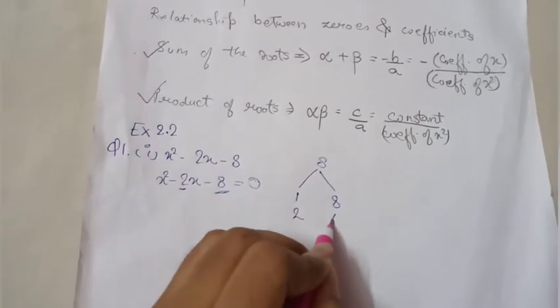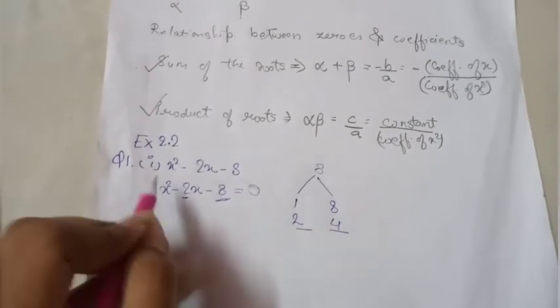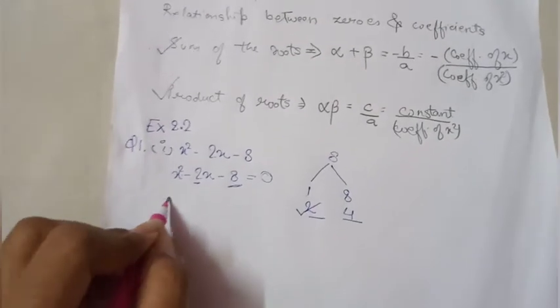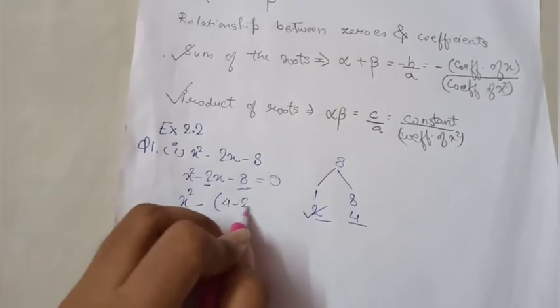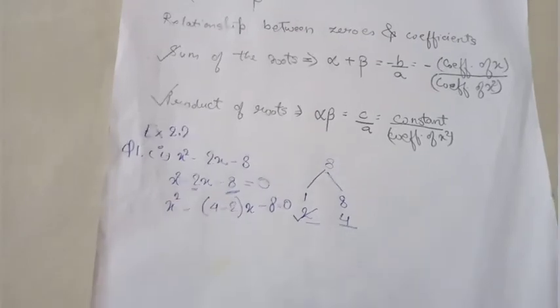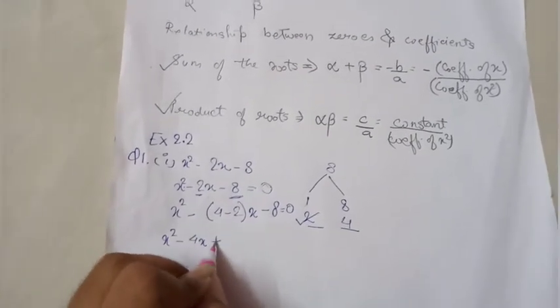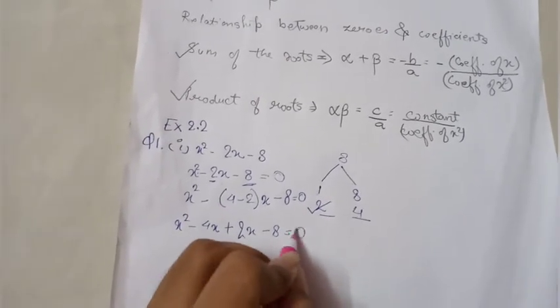Then 2 into 4, we can say 4 minus 2 will give us 2, so we'll take this pair. So it is x square minus (4 minus 2)x minus 8 equal to 0. Expanding the bracket, it gives x square minus 4x plus 2x minus 8 equal to 0.